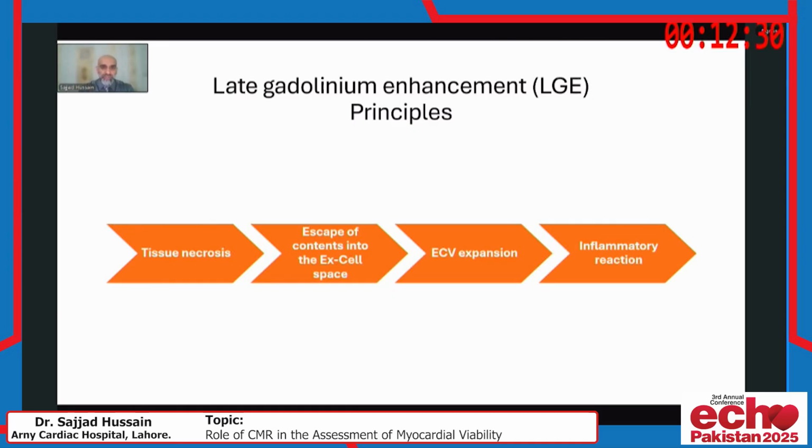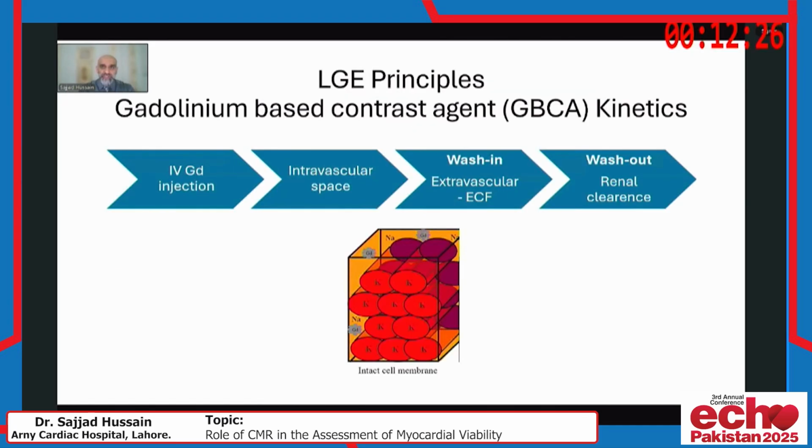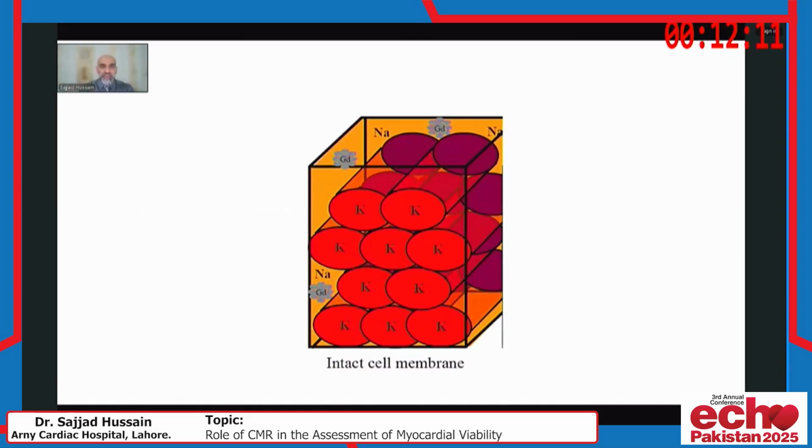Now let's move on to the second part, which is the gadolinium-based contrast agent kinetics. Once a gadolinium-based contrast agent is injected, it essentially stays intravascular. There is a wash-in period and there's a very rapid washout. In a normal patient, once the gadolinium is injected, it stays intravascular and is excreted as such because the cell membranes are intact.